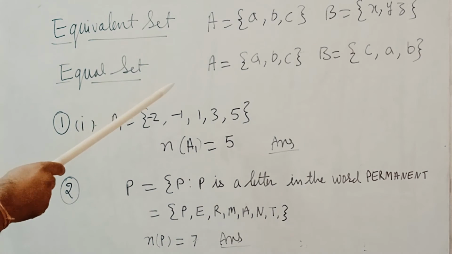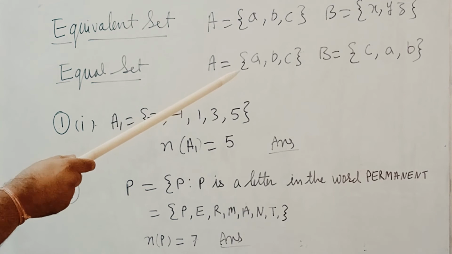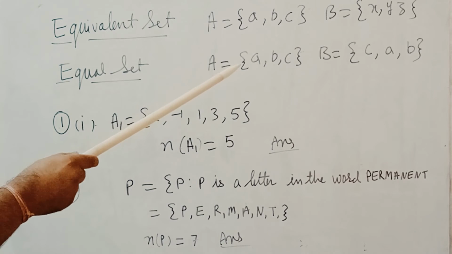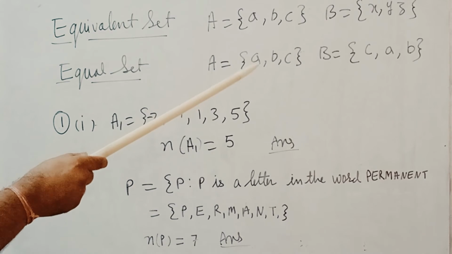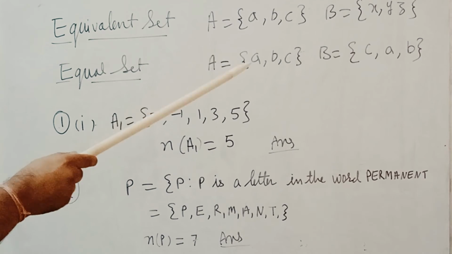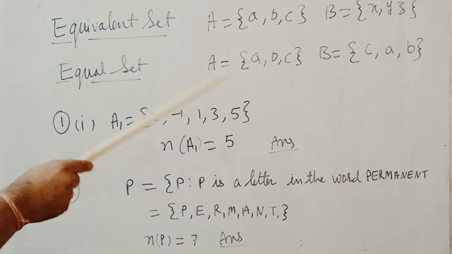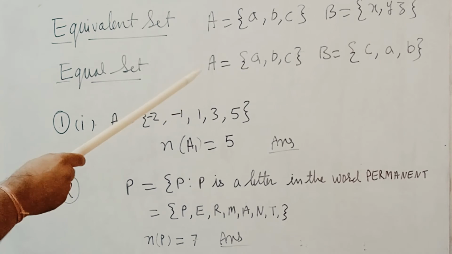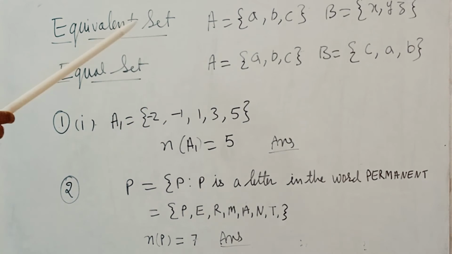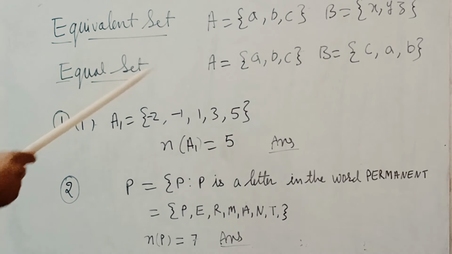Now what about equal sets? Whenever we have two sets, A with elements a, b, c and B with elements c, a, b, what do you see here? The cardinal number as well as the elements of these two sets are the same. So that means these two sets are said to be equal sets. So we can identify equivalent sets and equal sets by these two definitions.